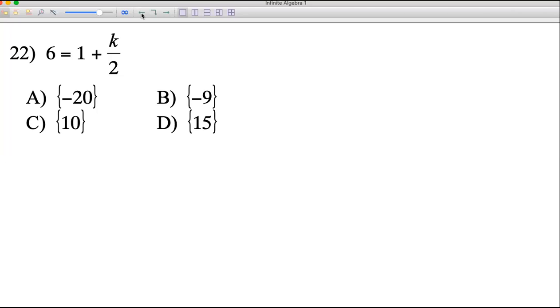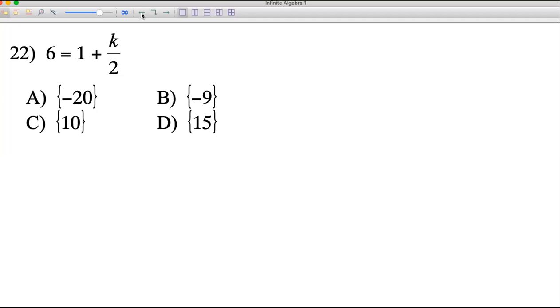Get rid of the 1. How do you get rid of the 1? -5. So I get 5 is equal to k over 2. What's attached to k? 2. How is it attached? Division. How do you get rid of division? Multiply both sides by 2, you get 10. Or you can just go 10 divided by 2 equals 5 plus 1 equals 6.